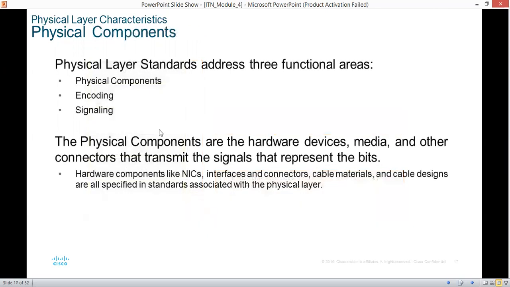Also here, the physical layer standards address 3 functional areas, which are physical components, encoding, and signaling. When we talk about the physical component, of course, you agree with me that your wire is part of the physical components, and the encoding process is the format of the signals.